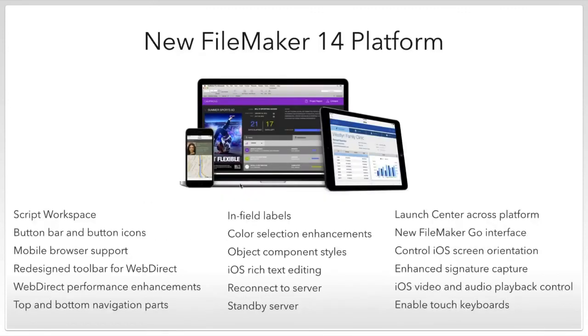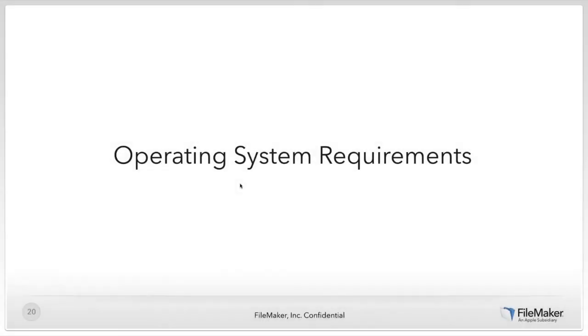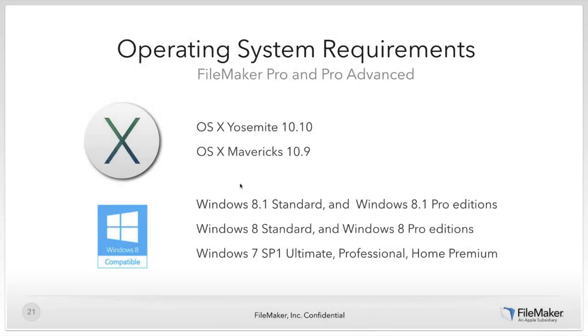So to wrap up a bunch of the new features, I've got a couple of slides on operating system requirements because there are some changes here that are important. For Pro and Pro Advanced, Mavericks and Yosemite only on OS 10, and Windows 7, 8, and 8.1. So that's pretty much what you expect, right?